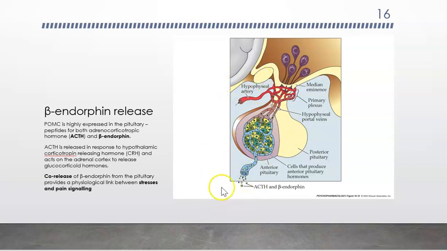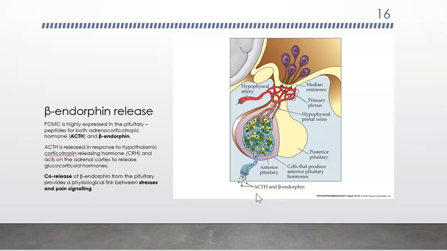Now, these hormones have to do with stress. That's what's going on here with our hypothalamic corticotropin and the release of our glucocorticoid hormones. Because POMC is cleaved into both ACTH and beta endorphin, beta endorphin is also going to be released when ACTH is released.